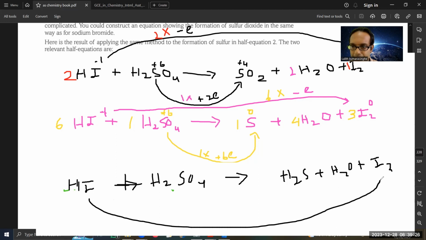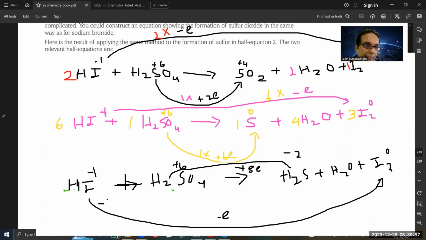So, as usual, iodine is going from -1 to 0, losing an electron. Sulfur is going from +6 to -2, like sulfur in H2S, -2. That's 8 electrons, so it needs to gain 8 electrons.